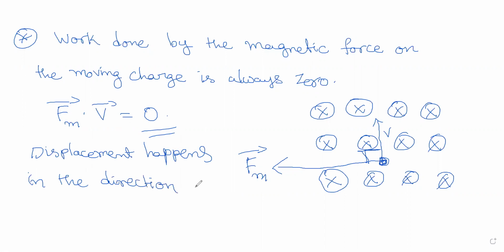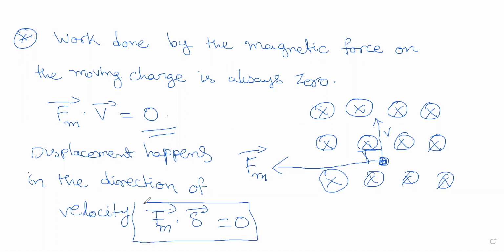So Fm bar dot s bar is also 0. Fm bar dot s bar is 0 means work done is 0, because work done is F bar dot S bar. Work done is 0 by the magnetic force.